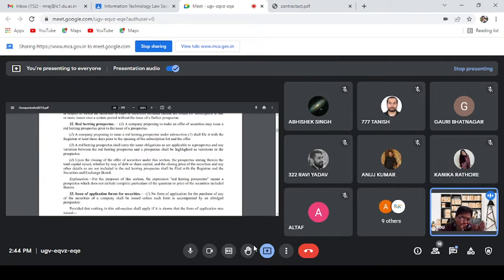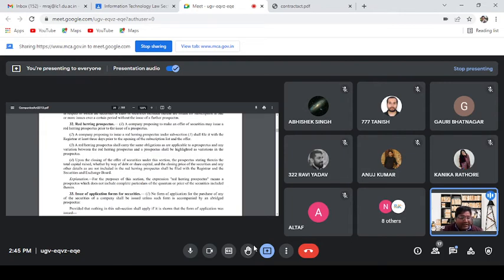Before that, section 32 allowed that a red herring prospectus can be issued. Suppose the company needs to put prior information in the market, inviting the public, so that they can make the offer.